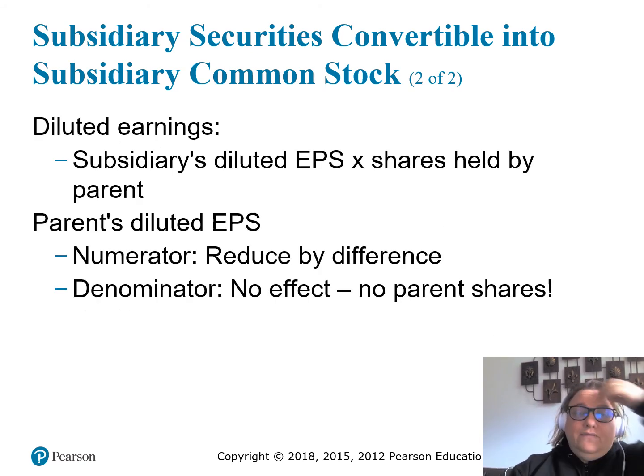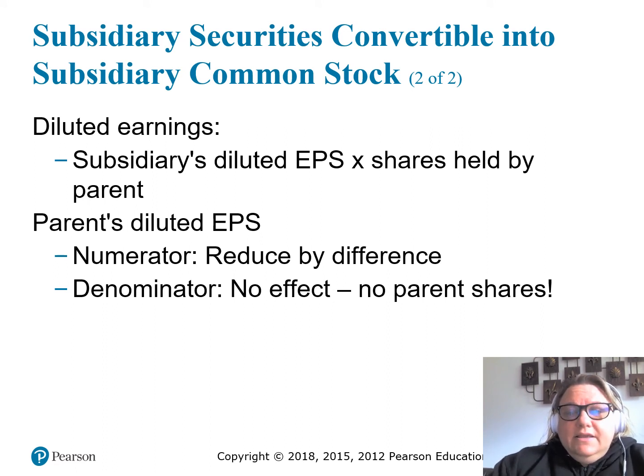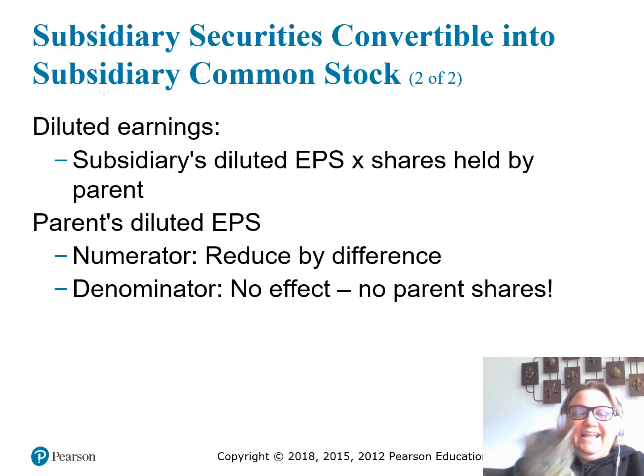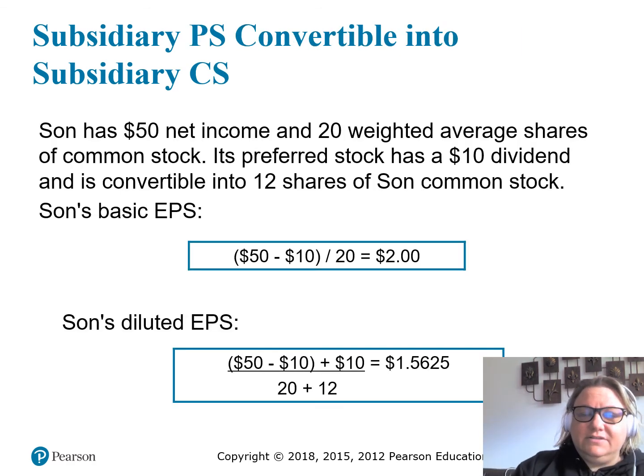All right, so if you have diluted earnings, you take the EPS once you figured it out and divide it by the shares of the parent. The parent's diluted EPS numerator is reduced by the difference, and the denominator has no effect on the parent shares.